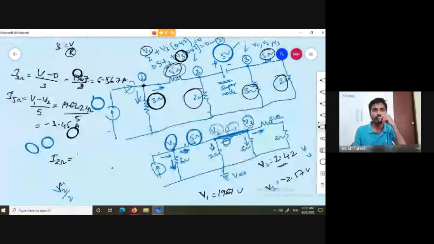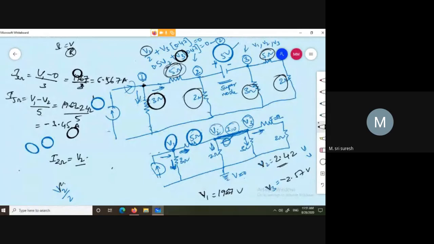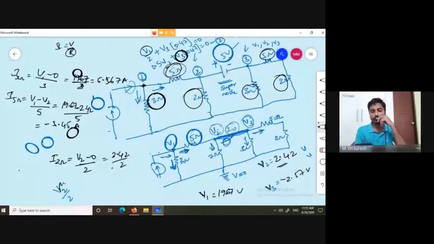So V2 minus 0 by 2 ohms. What is the value of V2? 2.42 by 2. So it is nothing but 1.21 amperes. So that is I at 2 ohms.